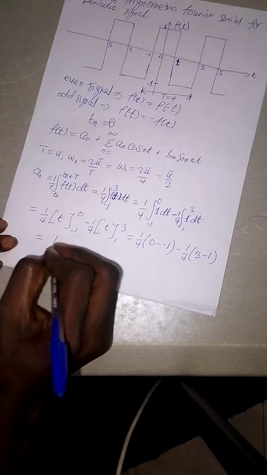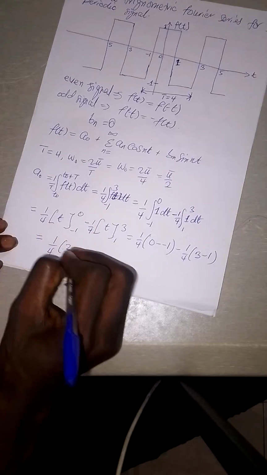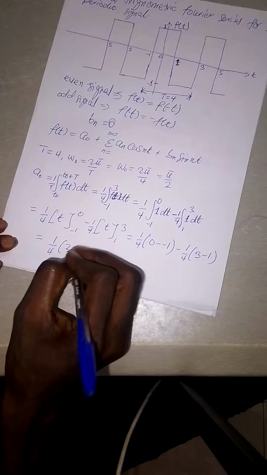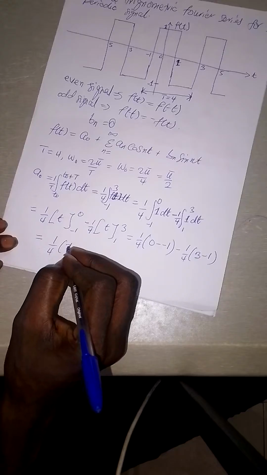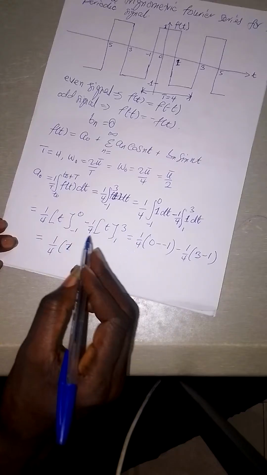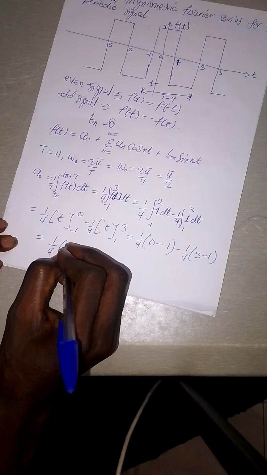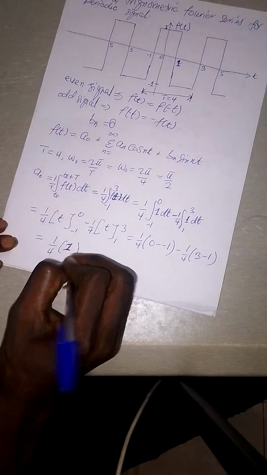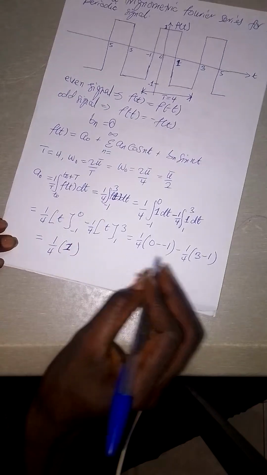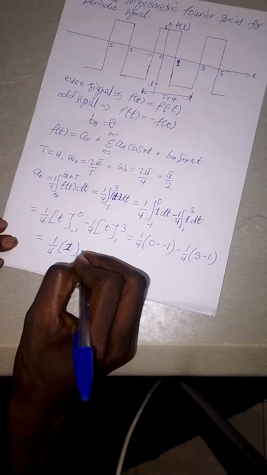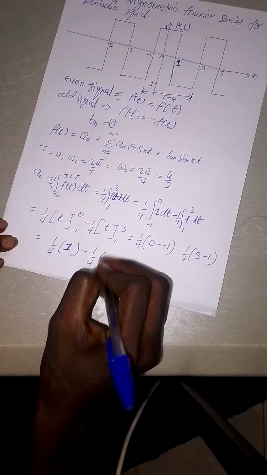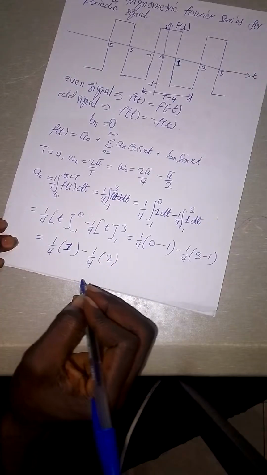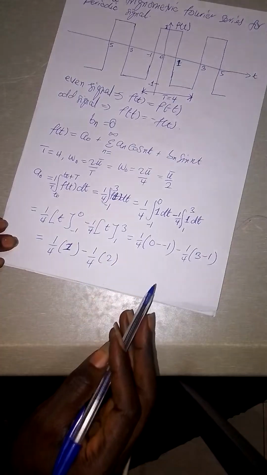You're going to have 1 over 4 into 1. Okay, 1 over 4 into 1. All right. And then here, you're going to get minus 1 over 4 into 2.